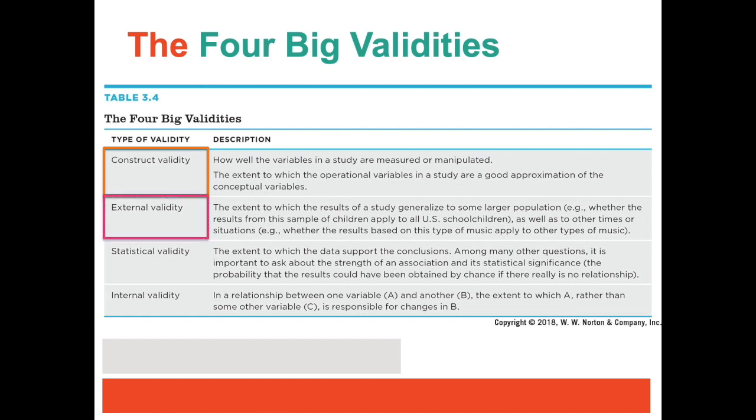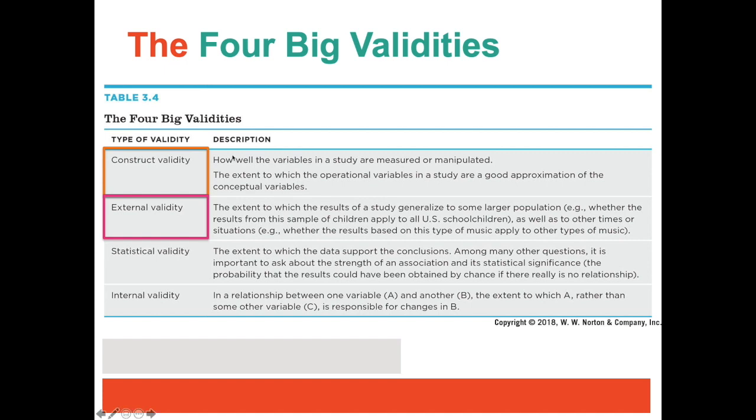Second one, external validity. This is the extent to which the results of a study generalize to some larger population. If we're doing a study, this is how much we believe the results will generalize to other people.